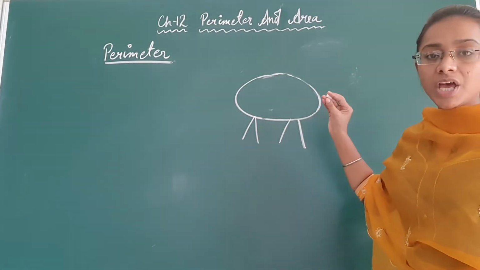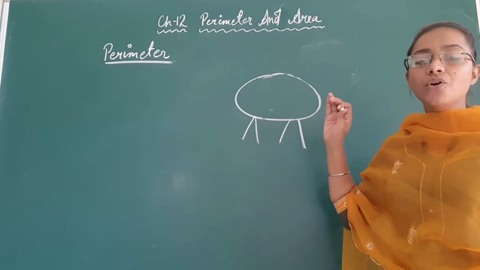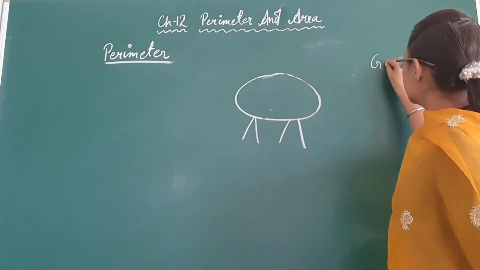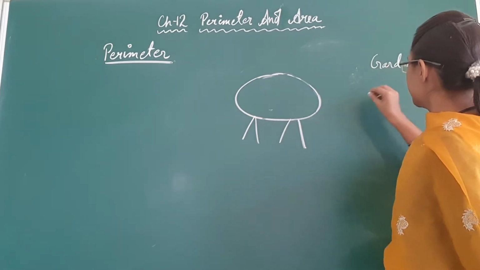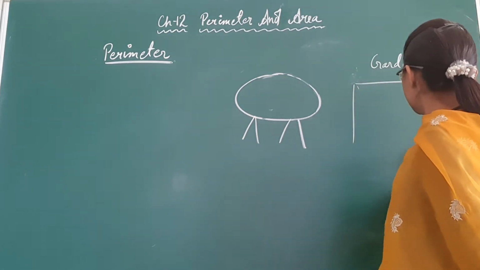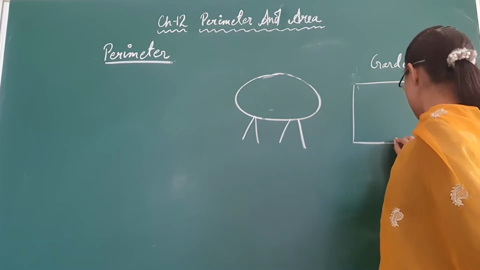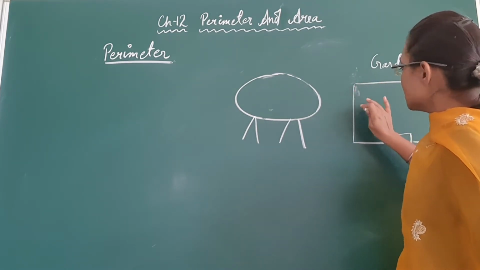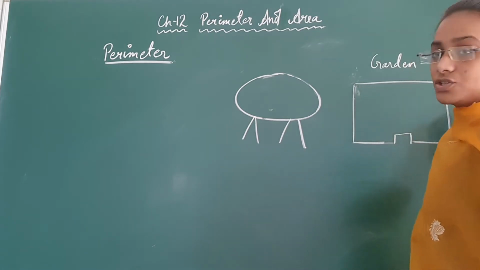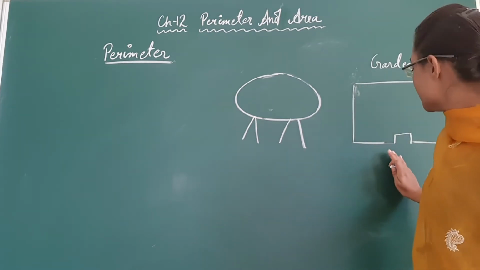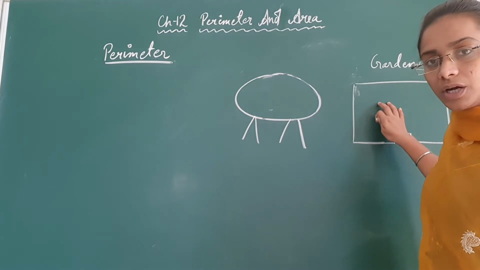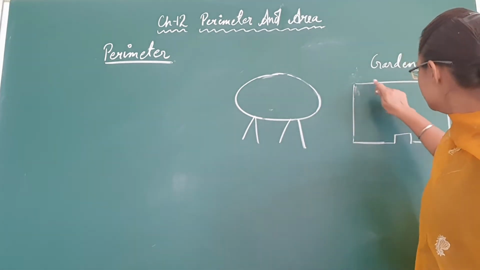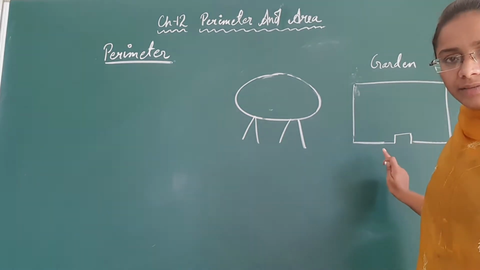And one thing more, if you want to put fences around the garden, then whatever the length of the garden is, that much you are going to cover with the fences. For that also you have to measure the boundary of the garden here.